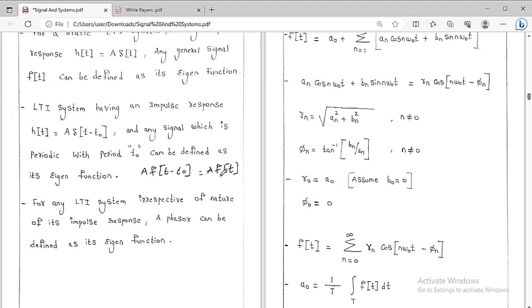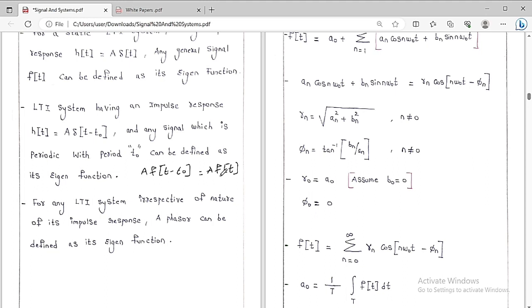So now the next point is, for any LTI system, irrespective of the nature of its impulse response, a phasor can be defined as its eigenfunction. I already told you, suppose you are taking an LTI system with impulse response h(t), and the input is e^(jωt), then the output is e^(jωt) times H(jω). H(jω) is a constant, a complex constant.